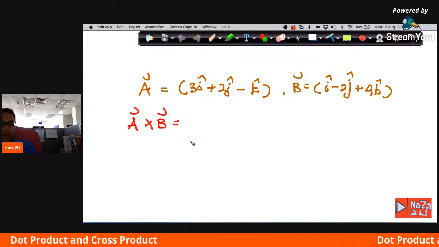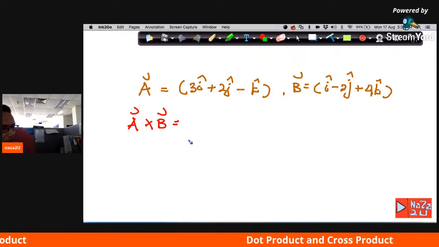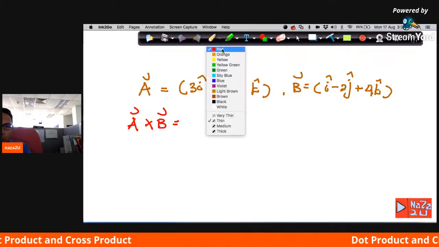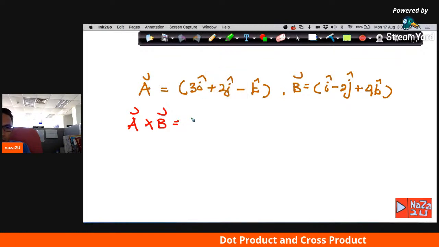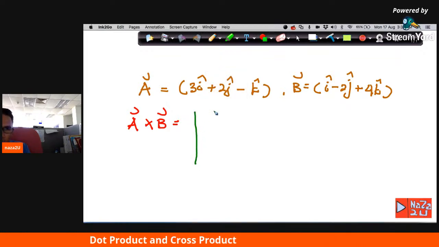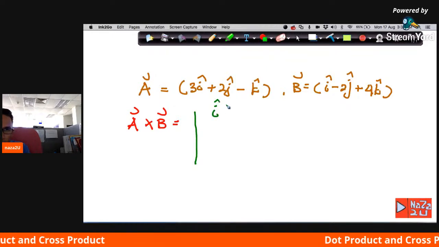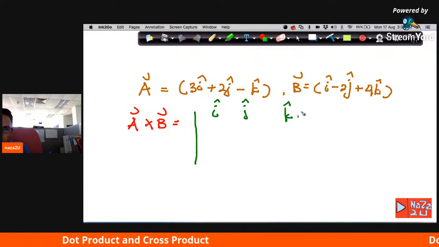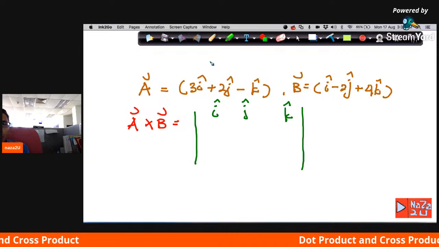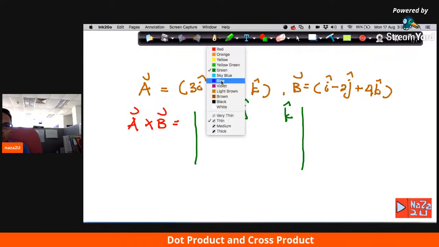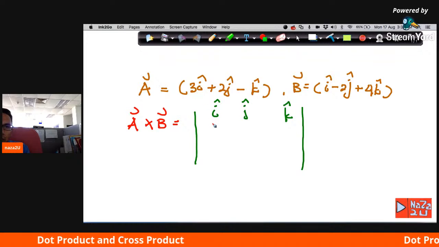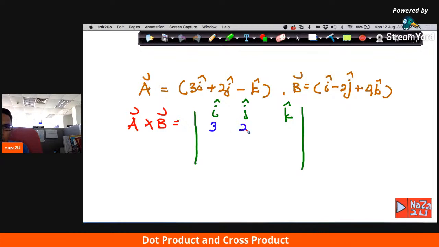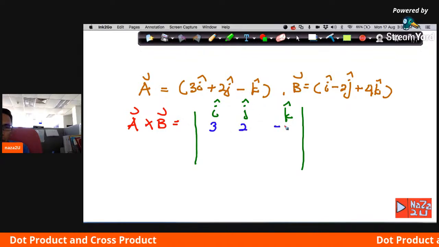So there is a way to do it. First, we use the concept of a matrix. Looking here, first we make a line, a kind of matrix. We arrange it here: this is for I, this is for J, and this is for K. Next we follow the unit vector. So I here is 3, J here is 2, and K here is negative 1.